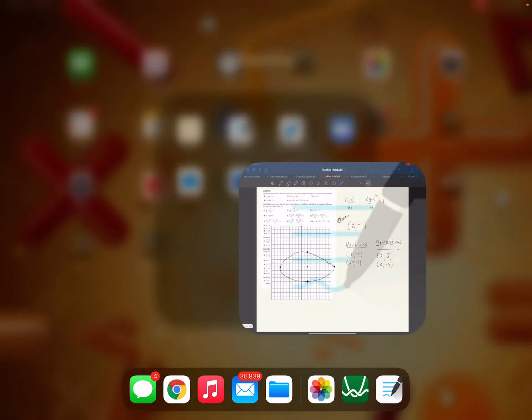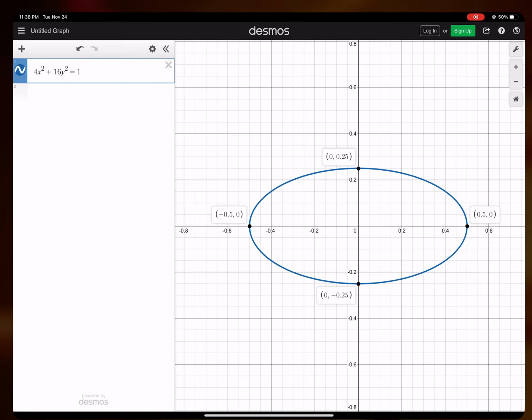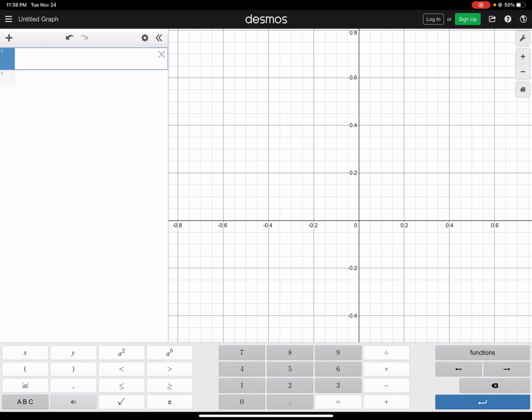Okay, let me pull this up here now. And so I'm going to make it look exactly like they have it. x minus 2, parentheses squared, divided by 81, plus, parentheses y plus 1, parentheses squared, divided by 16.